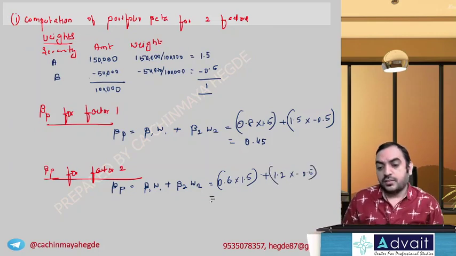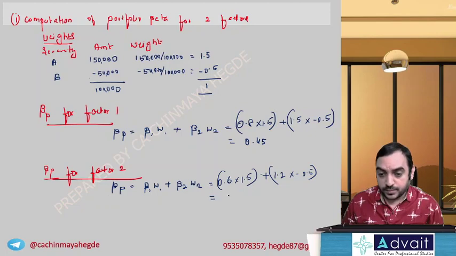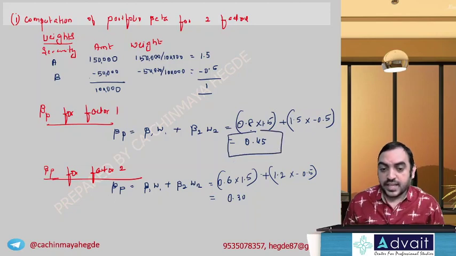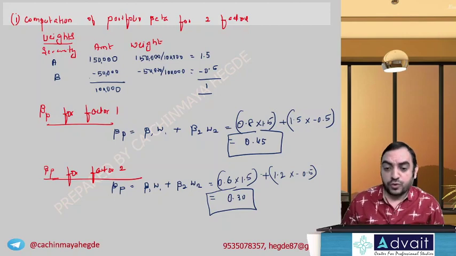So 0.9 minus 0.6, I think you get 0.3. So you get 0.45 as factor 1 beta for the portfolio, and 0.3 as factor 2 beta for the portfolio. 0.45 and 0.3.